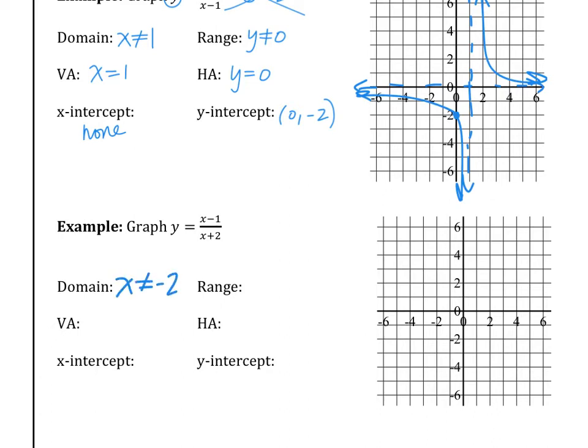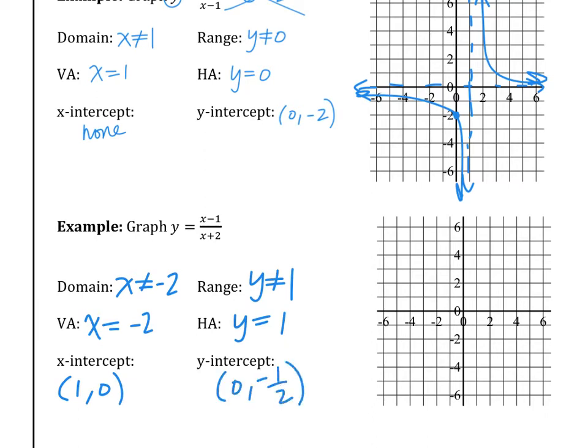Jeff, what is the range? Y can't equal 1. Alan, where is the vertical asymptote? X equals -2. Brooklyn, horizontal asymptote? Y equals 1. Jackson, x-intercept? 0. Nick, y-intercept? 0, -1.